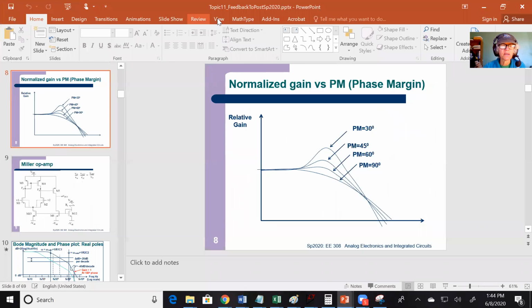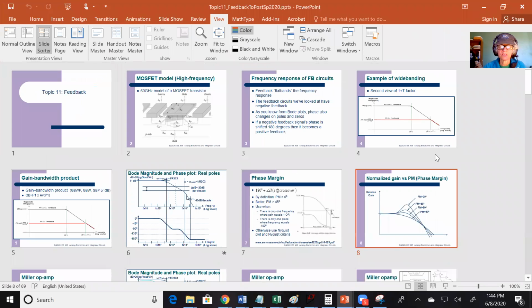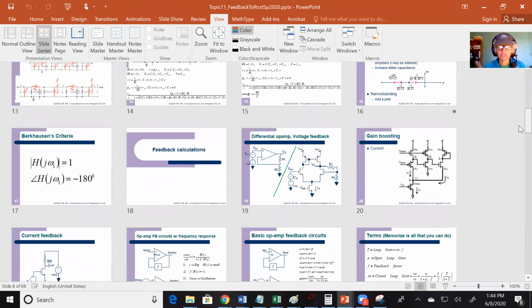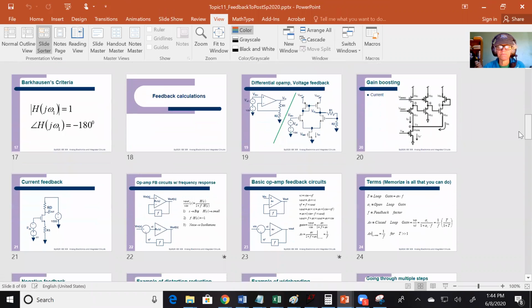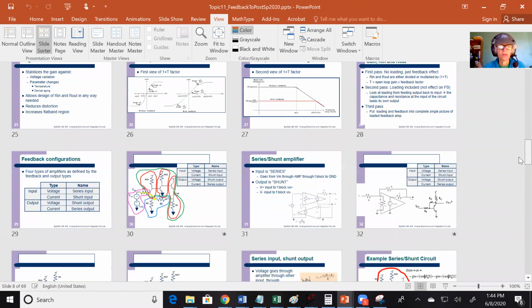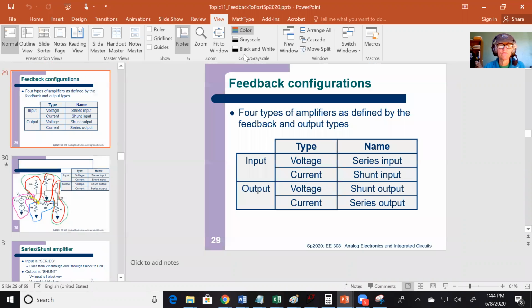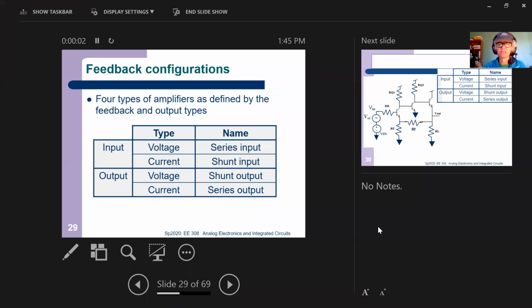Let's see if these are the right slides. I think they are. On Canvas, I have it in the final lecture place. I have slides on feedback two-post, so if you want to follow along on the slides.